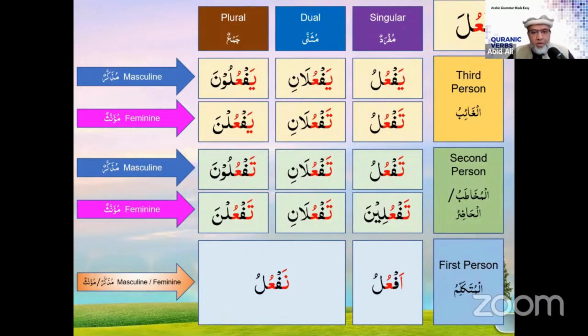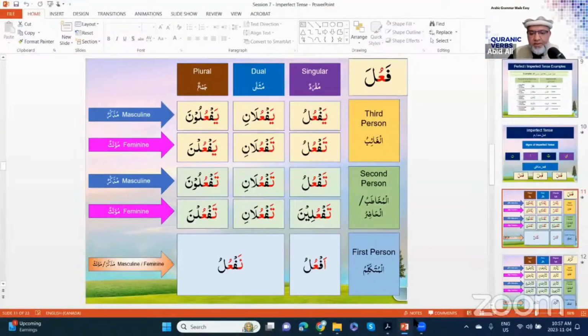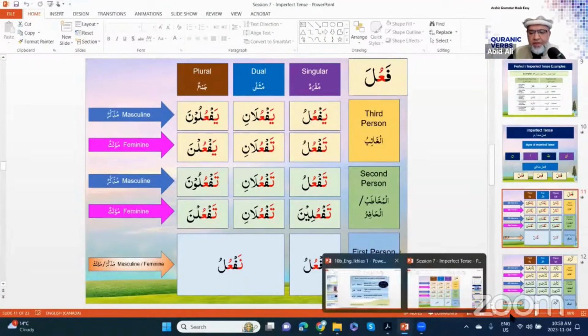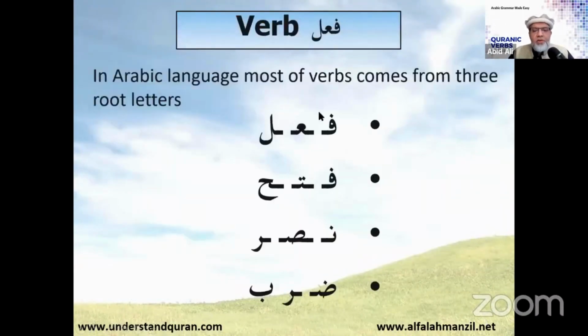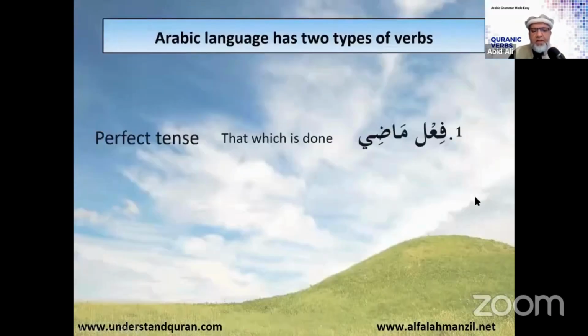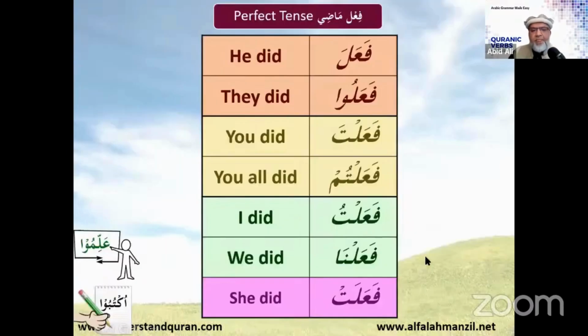So before I go for the break, let me show you a simpler screen so that you can understand this maybe in a different way. This is another lecture I did. Over here we have fa'ala, fataha, nasara. This is fi'l madi, and then we have fi'l mudare, and I'm only showing you 7 out of the 14.